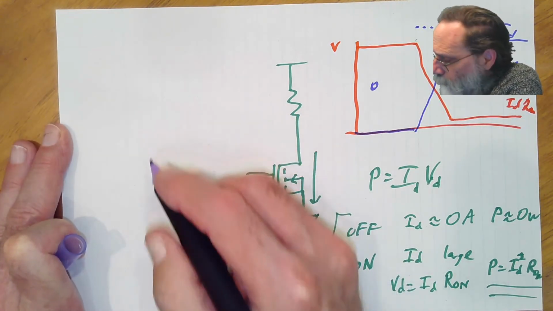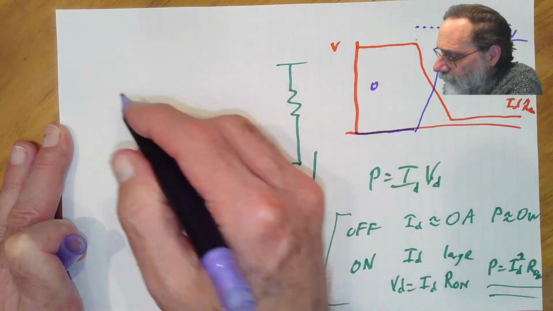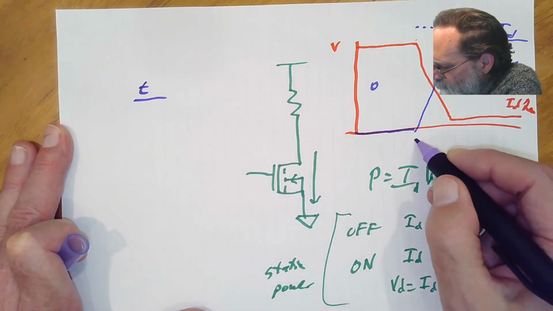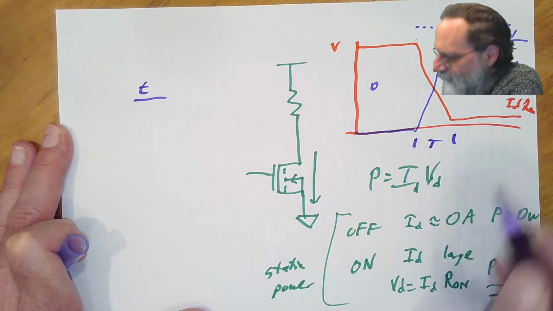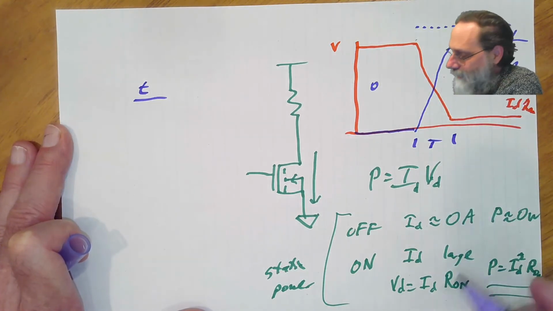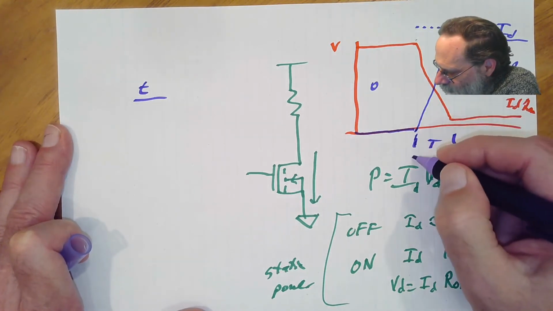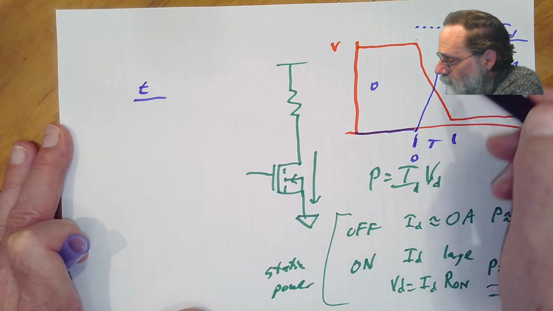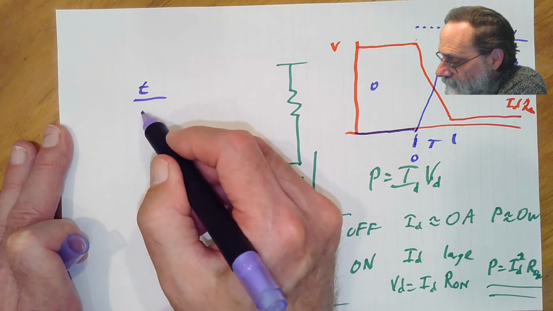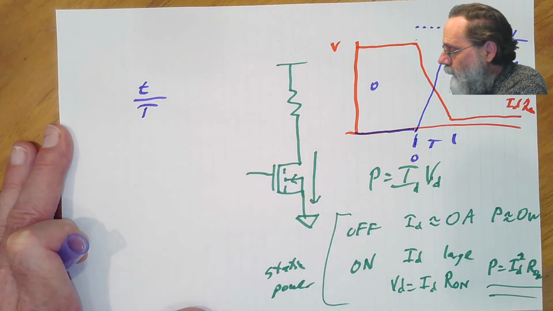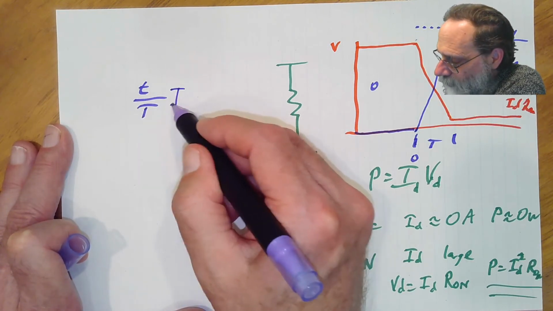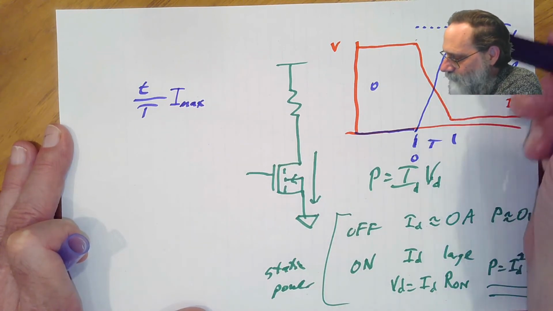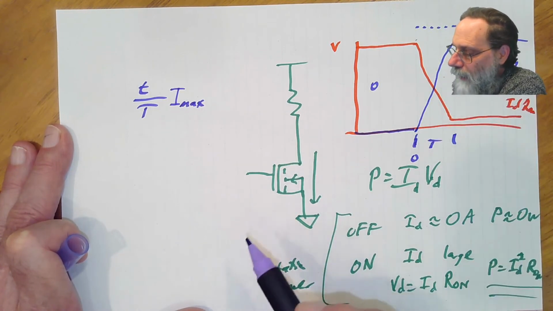Well, let's give this transition time a name, capital T, and let's make time 0 just when we start here. So the current going up here is t over capital T times whatever the maximum current is, in this transition region from 0 to T.